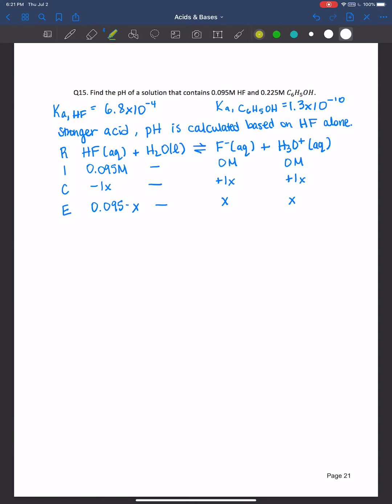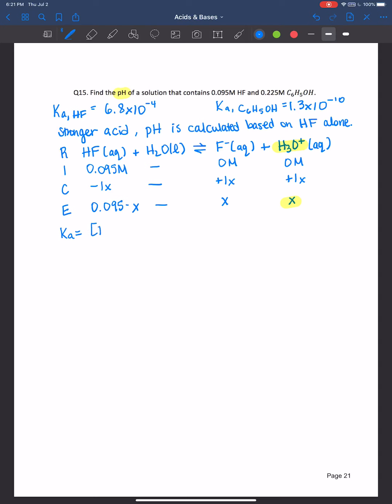Now we're asked to calculate the pH of the solution, so we're mainly concerned about the hydronium ion concentration at equilibrium. We just want to solve for x here. So let's go ahead and set up the Ka expression to help us to do that.